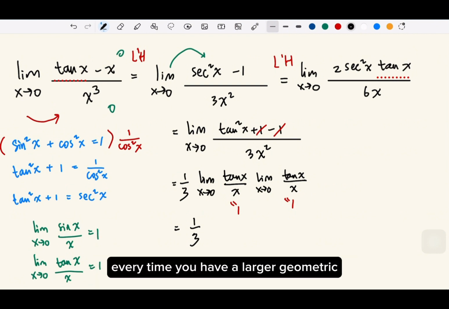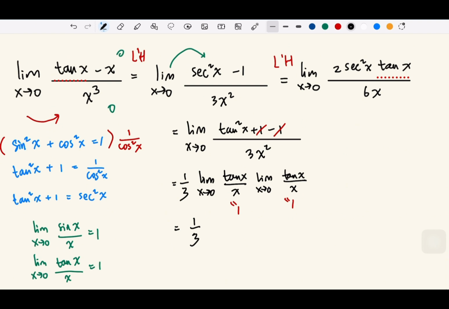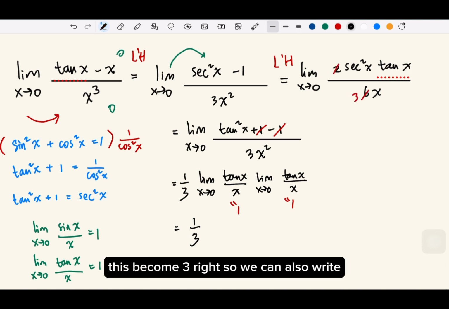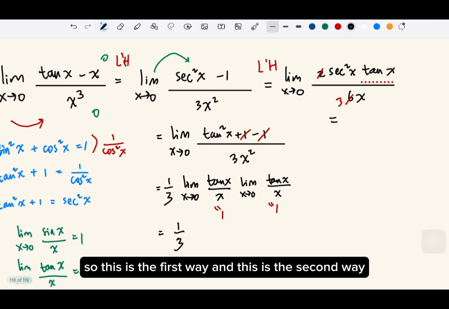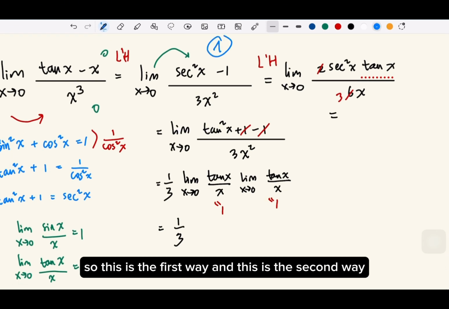Every time you have a trigonometric, you can think of some identity. So this will be 2, this becomes 3, right? This is the first way, and this is the second way.